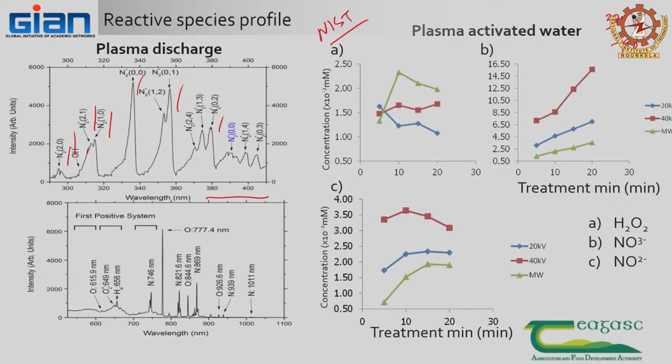Violet, indigo, blue, green, yellow, orange, red. More than that it becomes infrared: near infrared, mid infrared, far infrared. And less than 400 is ultraviolet. That is why the plasma beam you saw was a bit violet in color.